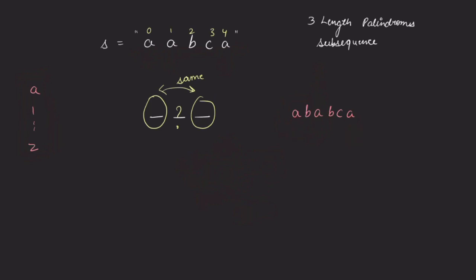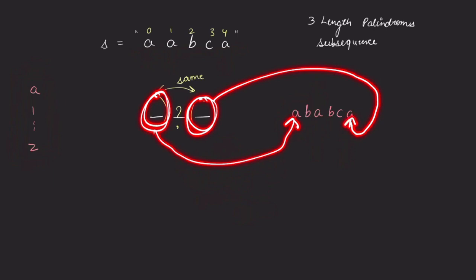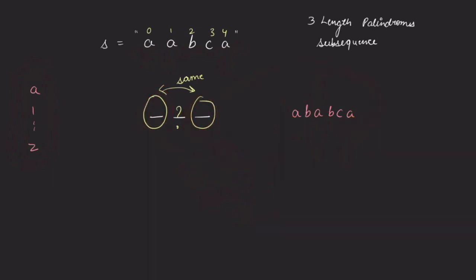So instead of trying all the positions, like first keeping I and J here, then J here, and then I here and J here, what we can do is that for each of the characters, this position we can keep at the first index of that particular character in the string S. And this particular position we can keep as the last occurrence of that particular character in the string S, right?